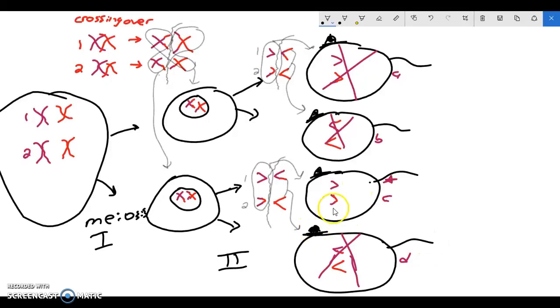But it's the same scenario. Which of these 4 sperm cells will actually fertilize the egg? You pick. Let's see if anybody guesses right.